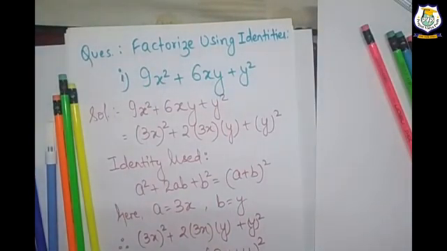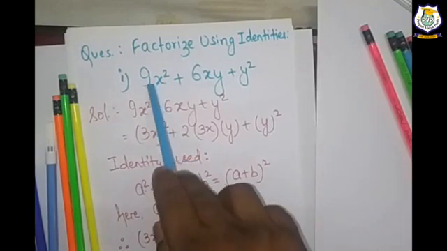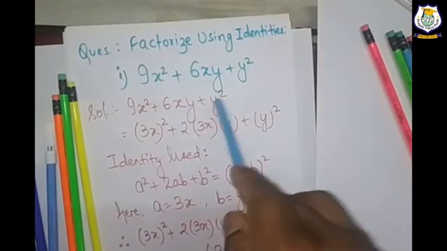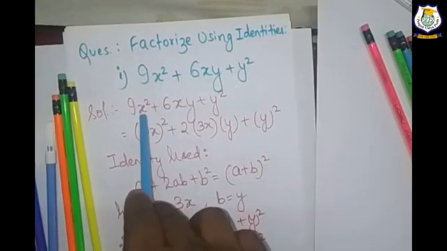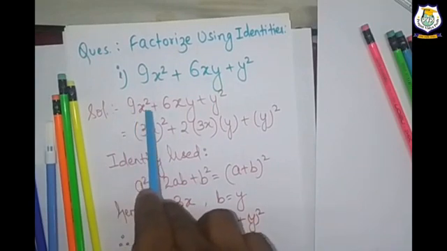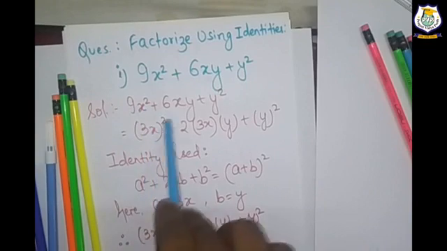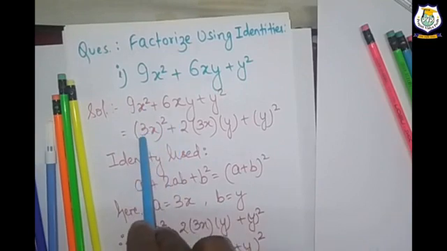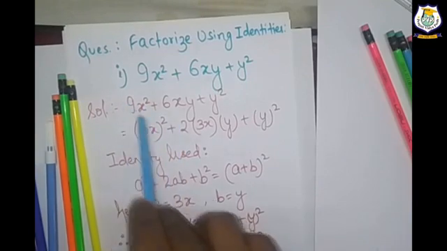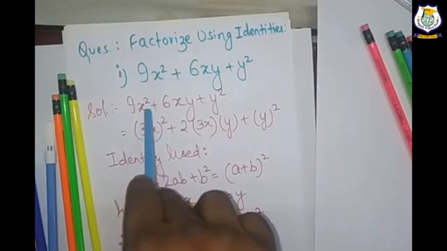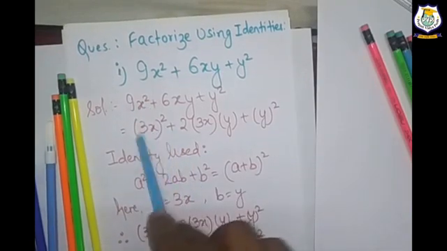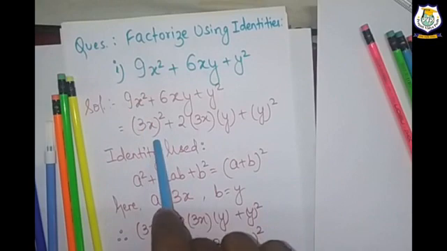So take a look: 9x square plus 6xy plus y square. By thinking, we can say that 9x square can be written as (3x) whole square, because the square of 3 is 9 and the square of x is x square. That's why I have written 9x square as (3x) whole square.